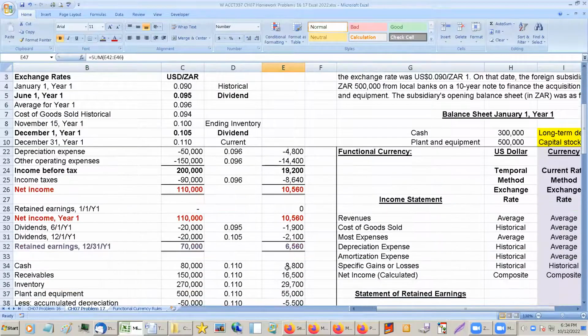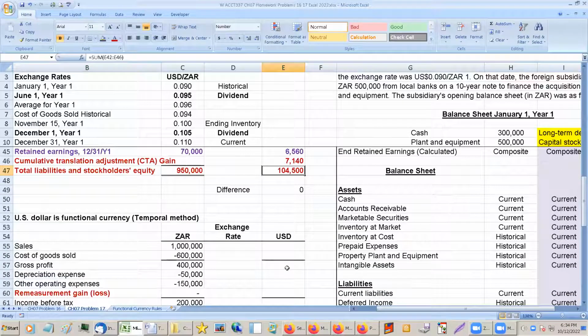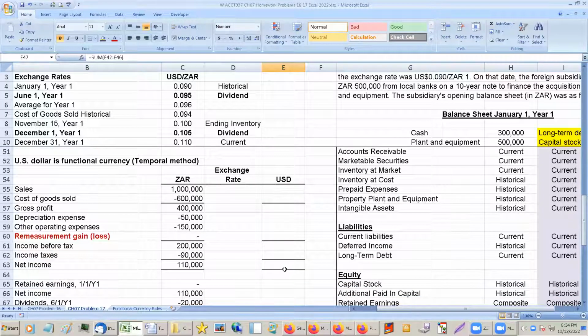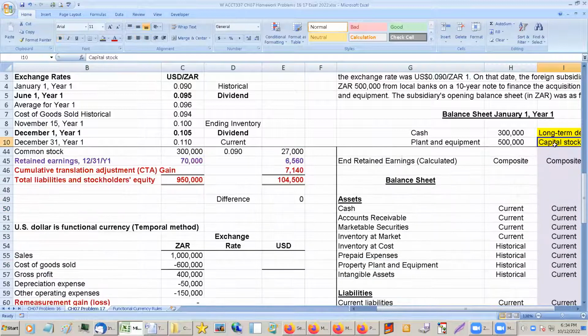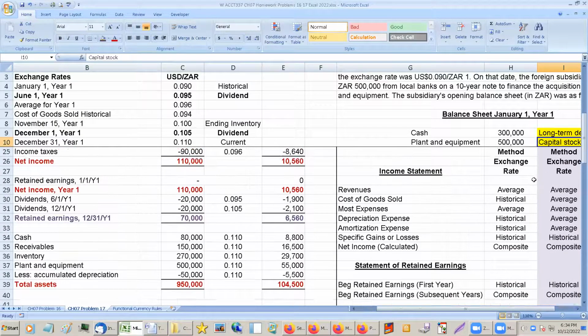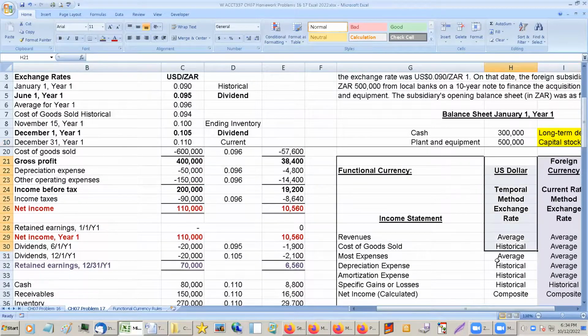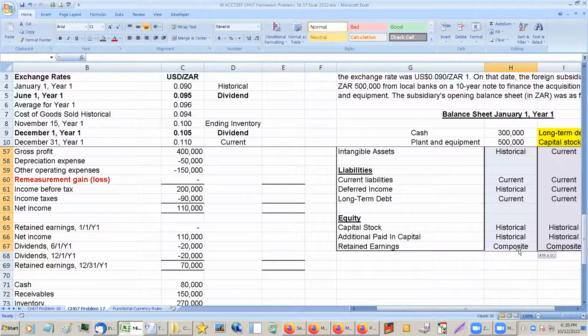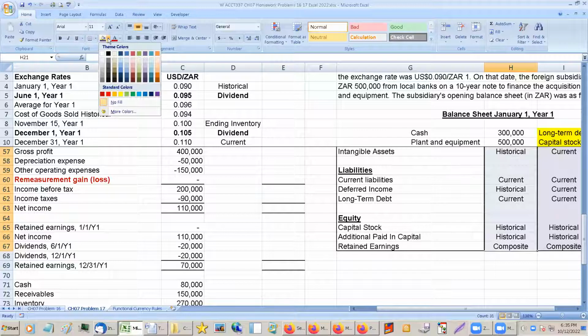Okay, so that's the current method. Now for the more confusing one, we'll go to the temporal method. The temporal method is a little bit more confusing because everything gets changed into US dollars immediately.